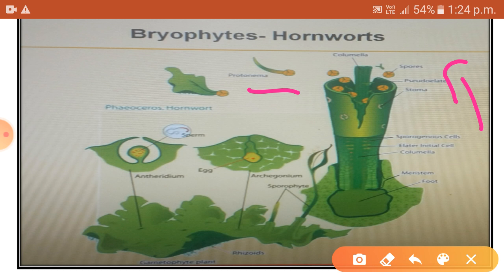In most of the members of the hornworts, the same thallus contains both the sex organs, antheridia as well as the archegonia. These sex organs are seen just below the surface of the plant. The sperm from the antheridia reaches the egg in the archegonium with the help of water.